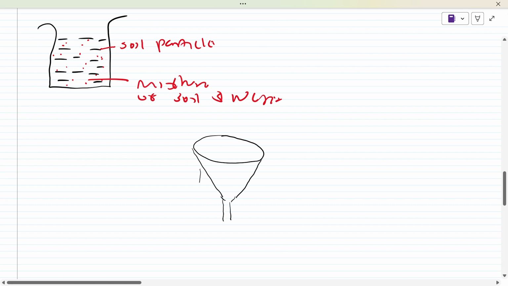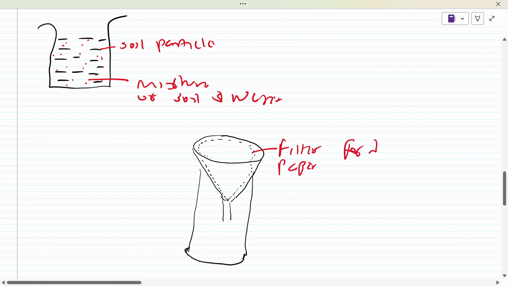Then into the funnel, I'll put a filter paper, the dotted part, folded into a cone.